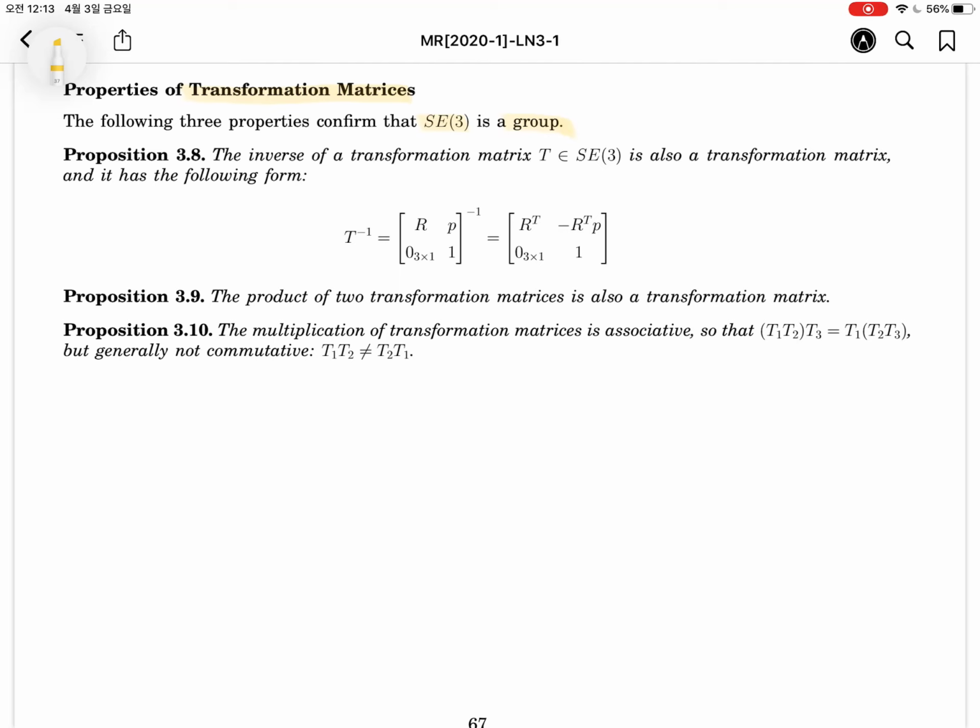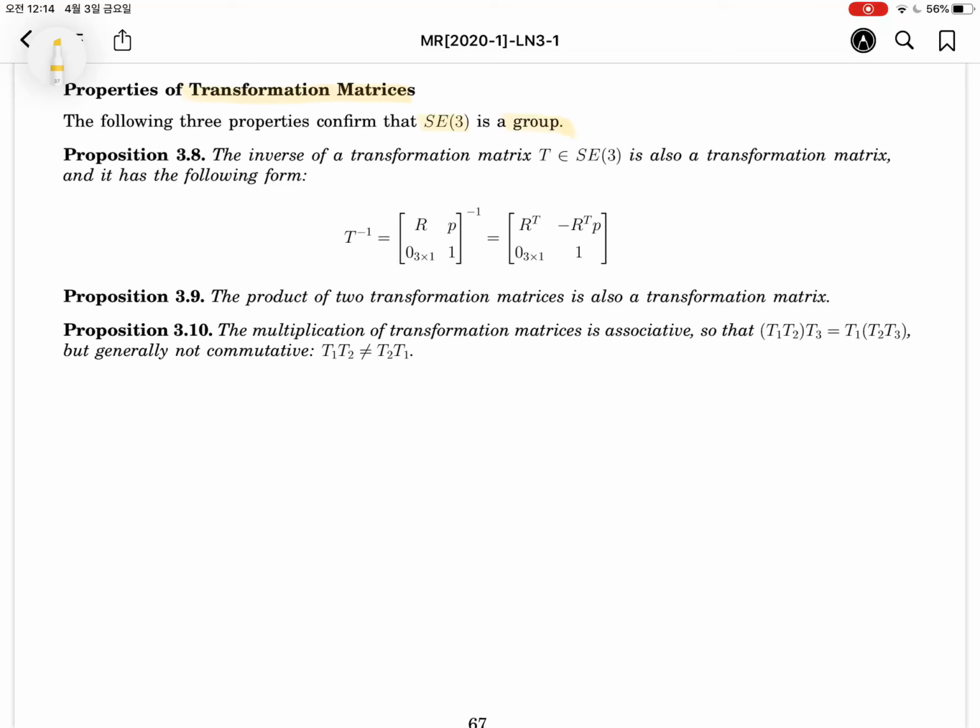First, all the operations should be closed: multiplication should remain in the same set. Second, it has the identity. Third, it has the inverse. Fourth, it has the associative property, not commutative. When these four properties are achieved, we can make a mathematical group.